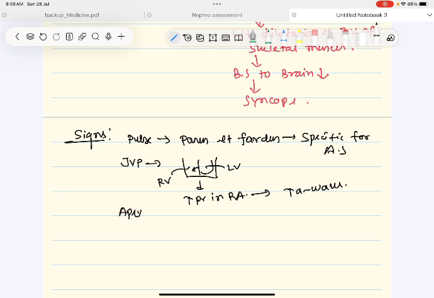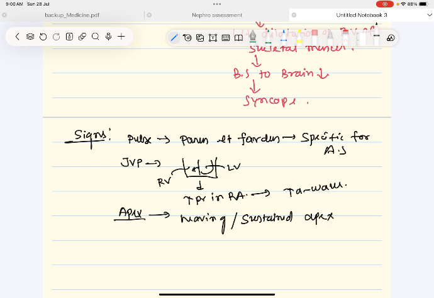Coming to the apex, it does not shift, but due to sustained contraction, because the left ventricle experiences resistance, there is sustained contraction of the left ventricle, which leads to a sustained or heaving character of the apex.